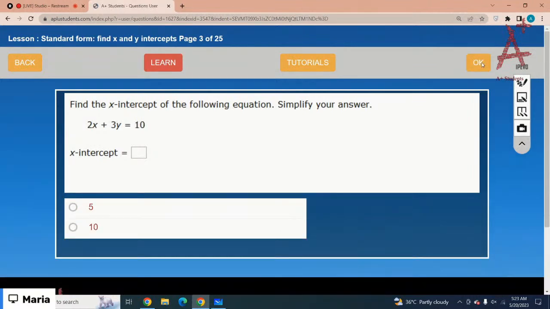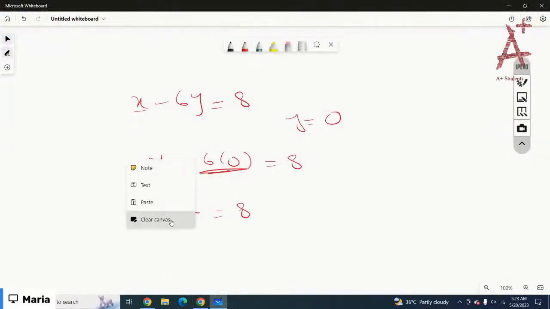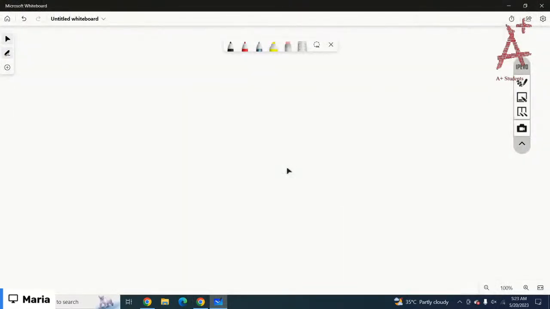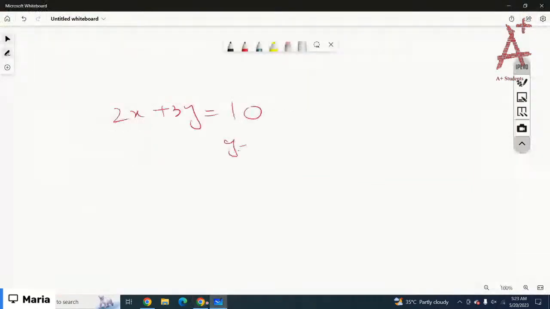Okay, find the x-intercept of the following equation. 2x plus 3y equals 10. You have to calculate the x-intercept, so just put y equals 0. It would be 2x plus 3 times 0 equals 10. 3 times 0 is 0.